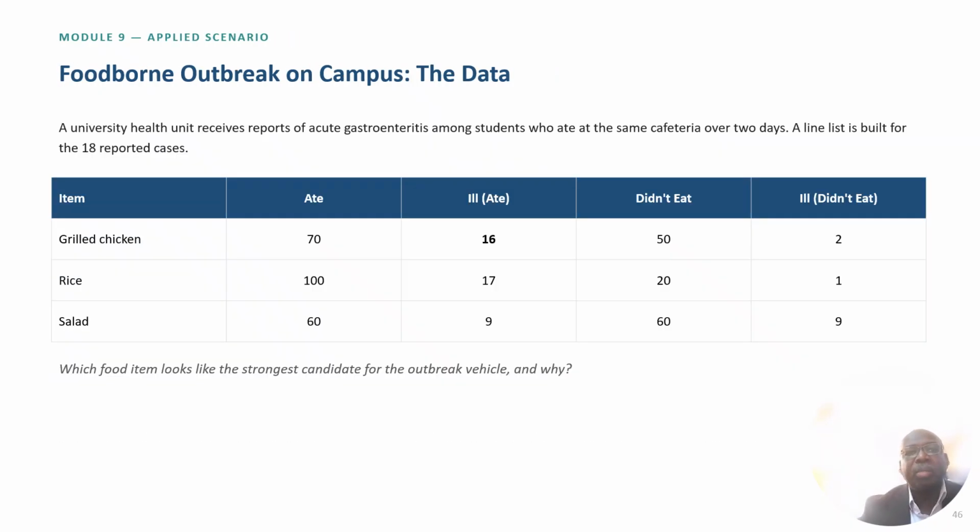Foodborne outbreaks have also been measured and detected, and here we have a classical example of how to identify the infected items. Which food items look like the strongest candidate for the outbreak vehicle, and why?